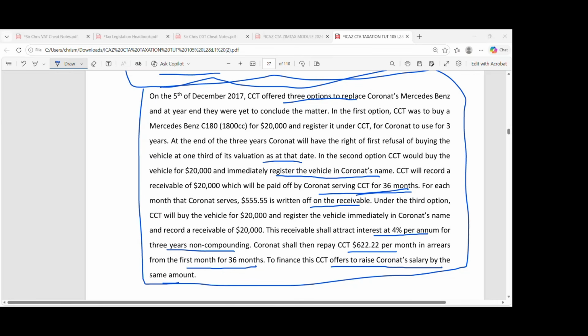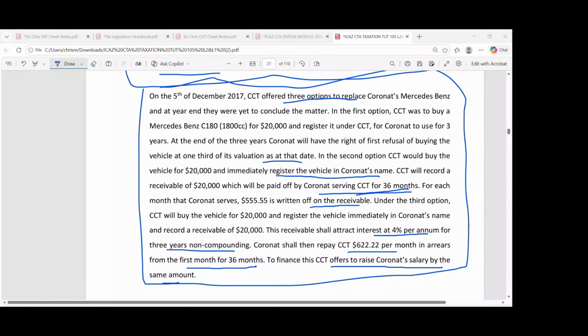Does it make sense? Since it's a fringe benefit, it's a deemed supply for VAT purposes. But since it's a second-hand motor vehicle supplied by a non-car dealer, no output VAT arises. Then again, input tax is denied on passenger motor vehicle acquisition. So in terms of VAT, nothing.